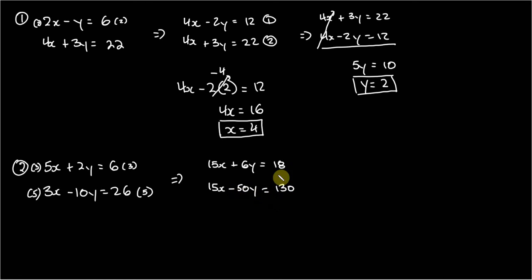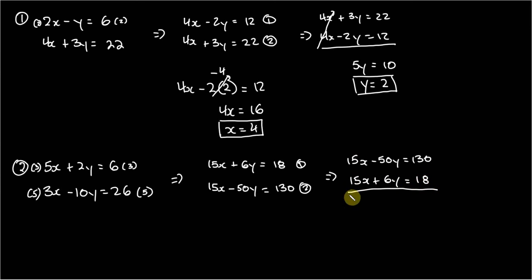Alright, this is equation 1, and this is equation 2. Subtracting 1 from 2 would be the easiest, so I'm going to rearrange this, and we have 15x minus 50y equals 130 at the top. Then we're going to subtract 15x plus 6y equals 18.